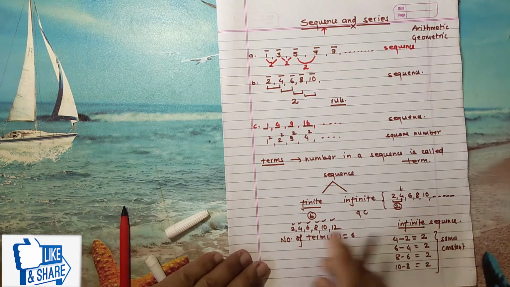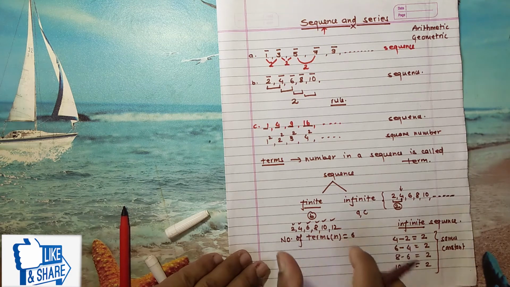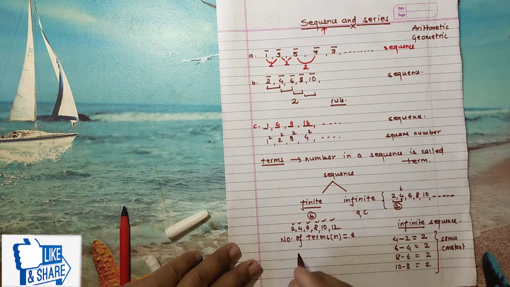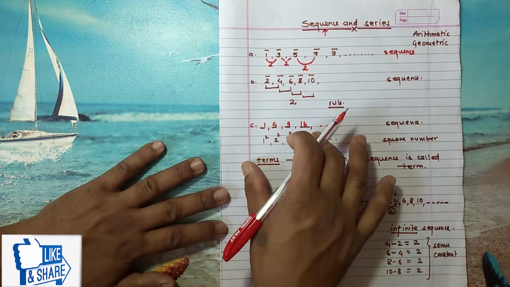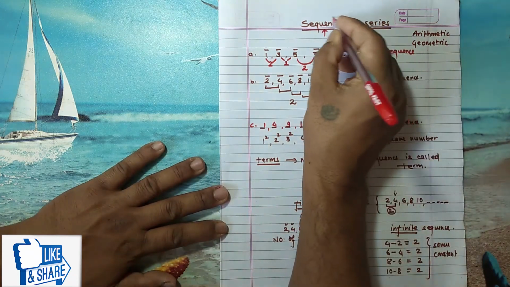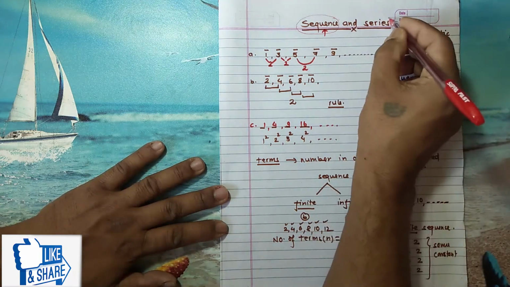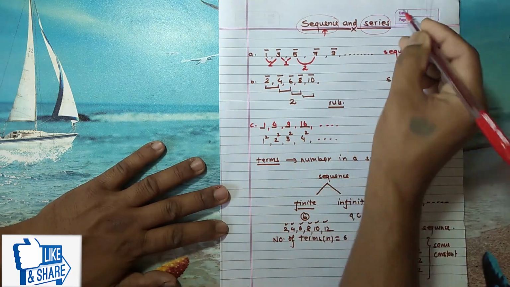And here the number of terms are defined, we are clear how many terms, so it's a finite sequence.